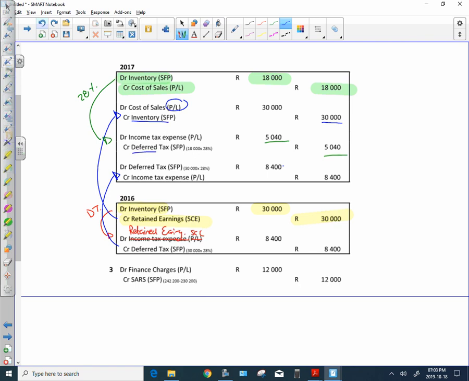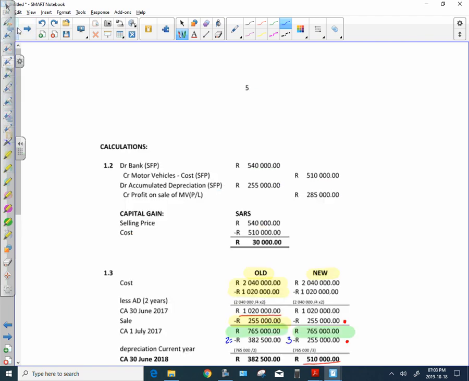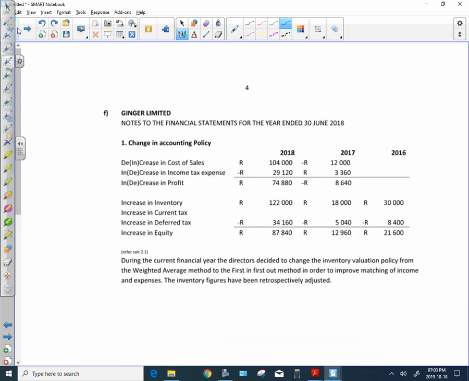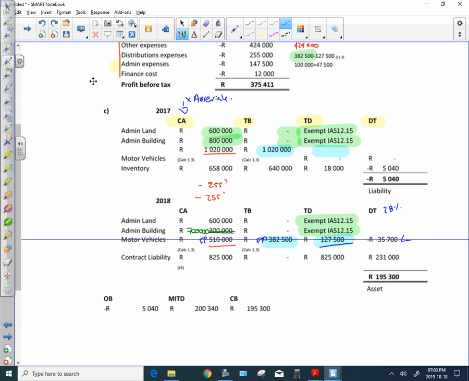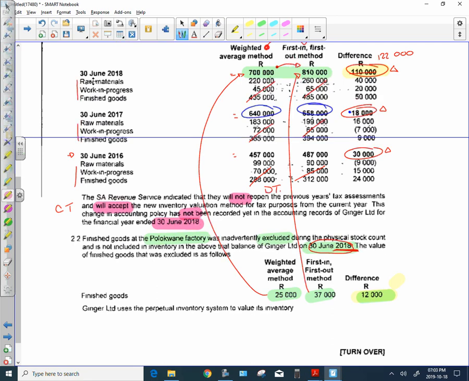One thing I do want to quickly do before we move on is, here I am accounting for a deferred tax. So I'm going to put that into my deferred tax calculation for 2017. In terms of my carrying amount for inventory, that would be my new carrying amount, what I have changed it to. So inventory has a carrying amount of 658.